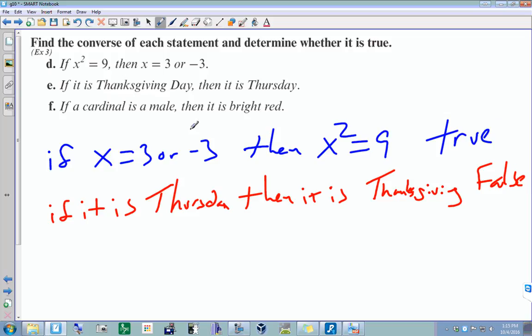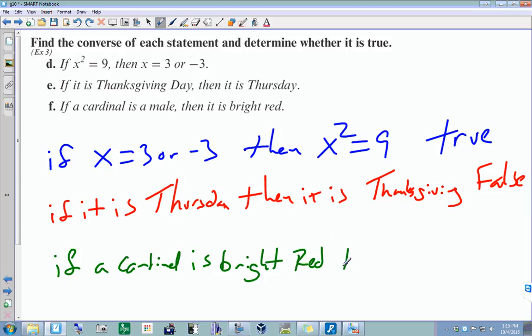So, let's take a look at the last one here. So that puts us at Hannah. So, what is this one? Is this true?